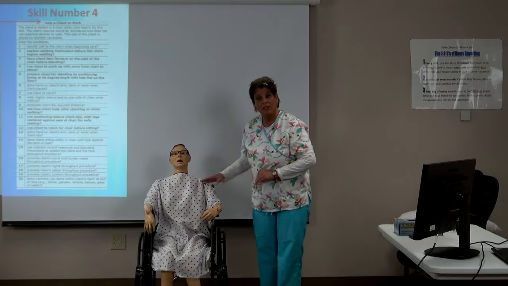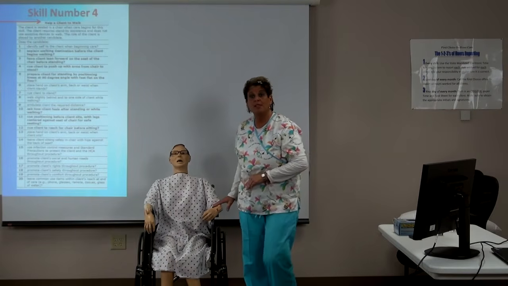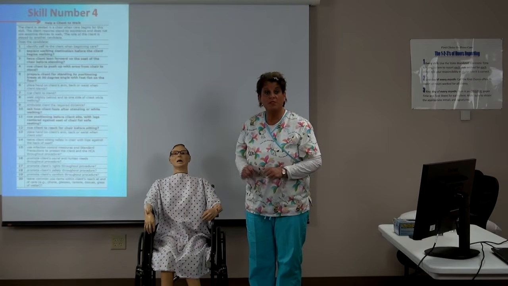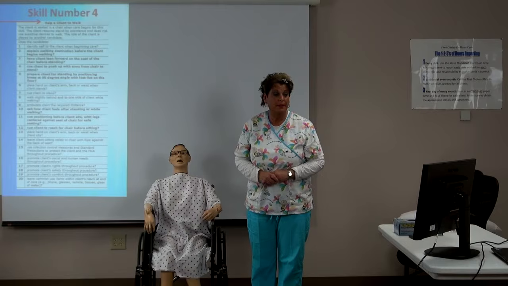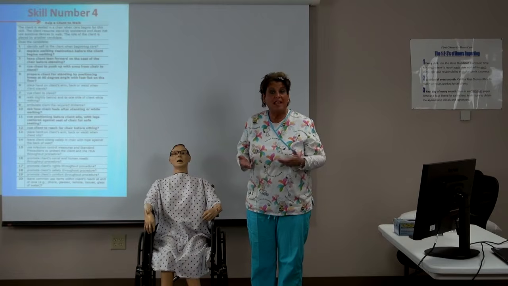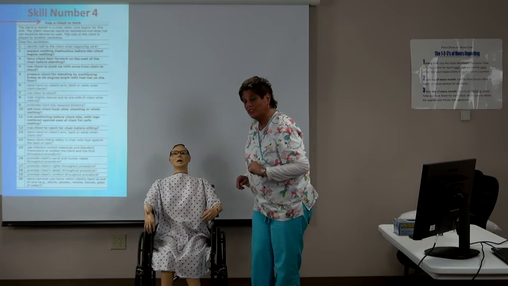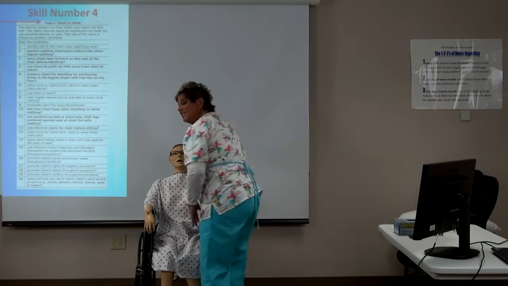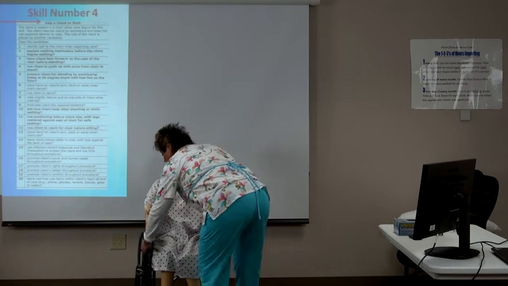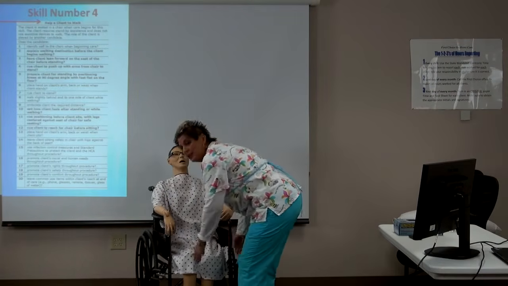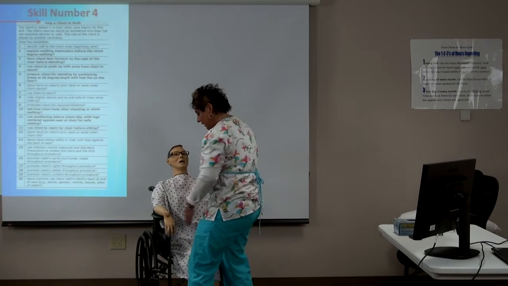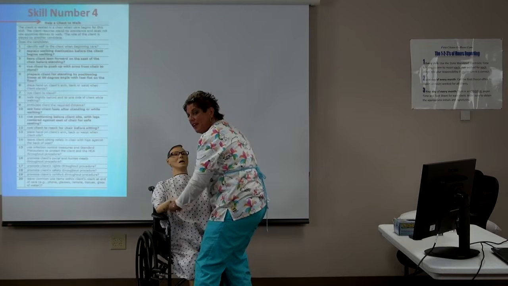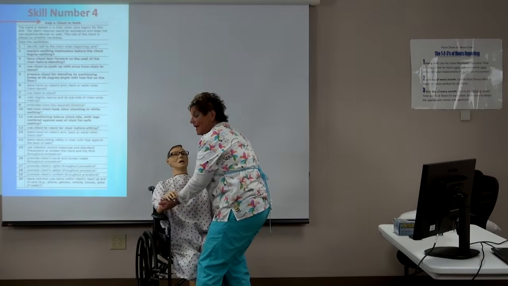So now you've asked your client to put his arms on the arms of the chair. Then you're going to cue the client to push up, standing position at 90 degrees. So watch this. I'm going to stand in front of the client. Can you see a little better? I'm going to stand in front of the client like this, asking the client to get up at a 90 degree.